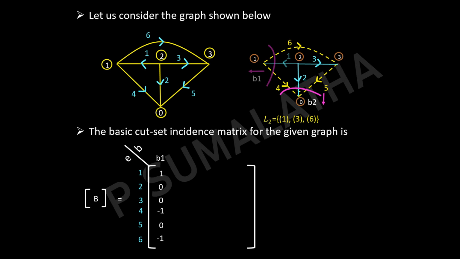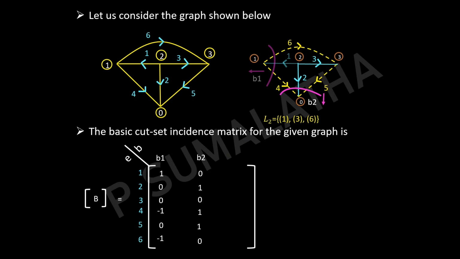If any element direction is in the opposite direction, then that element carries minus. In this case, all the 3 are entering into the node, so all the 3 values will be plus 1. So elements 2, 4, 5 will carry 1 and remaining elements 0. Now we have finished the second cut set.